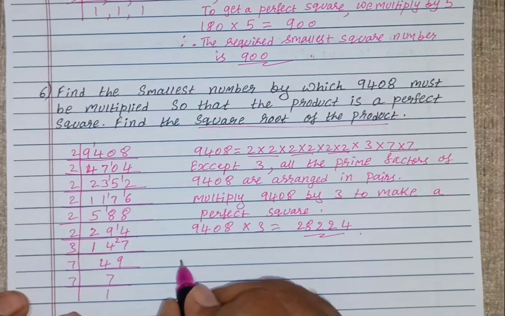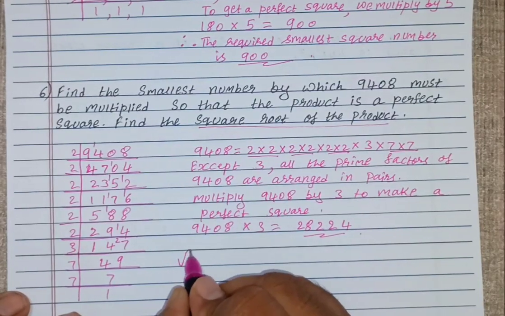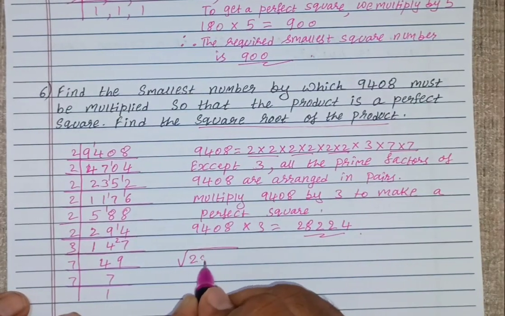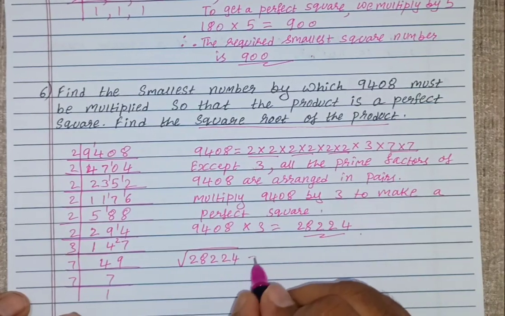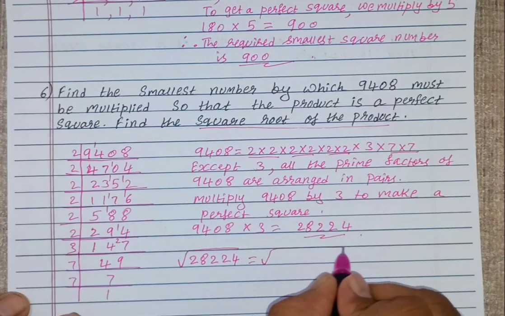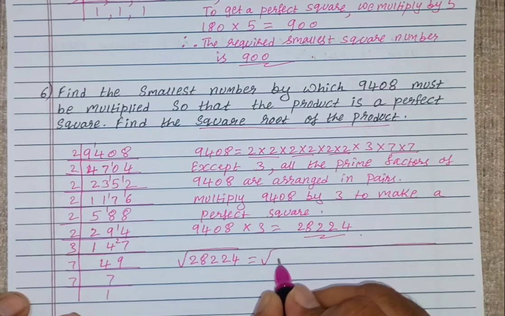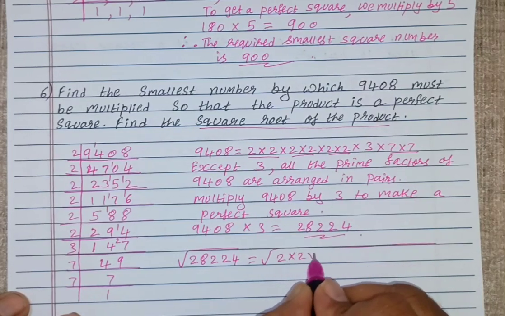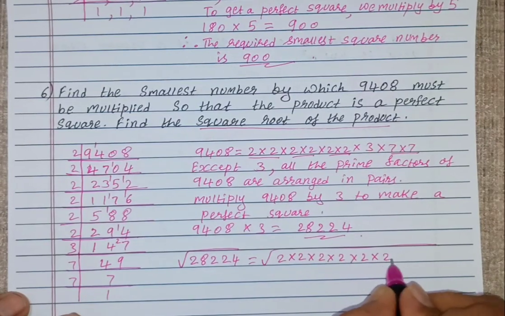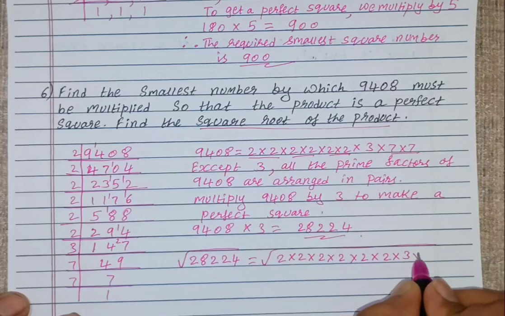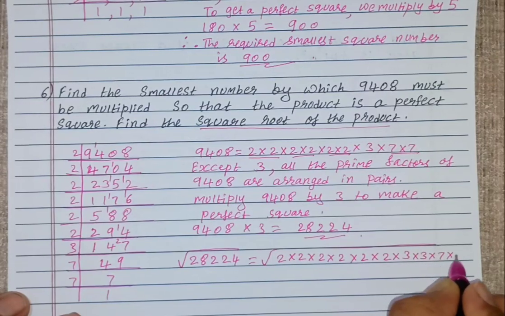So the square root of 28,224 is equal to the square root of 2 into 2 into 2 into 2 into 2 into 2 into 3 into 3 into 7 into 7.